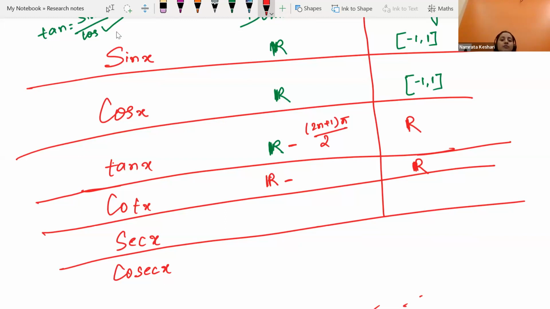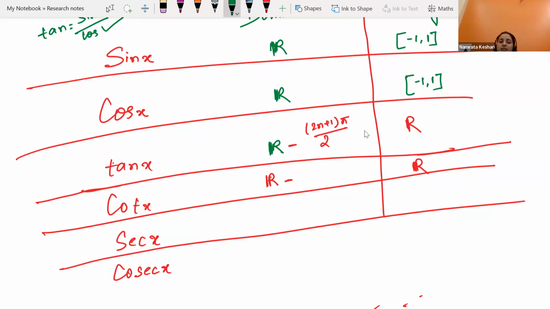So what is the domain for the cot function?